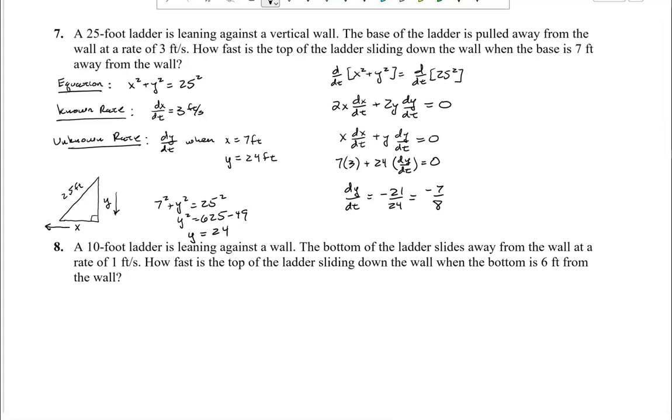Y is measured in feet, and since dx/dt is equal to 3 feet per second, dy/dt will be this negative 7/8 feet per second. Pause the video and do number 8.